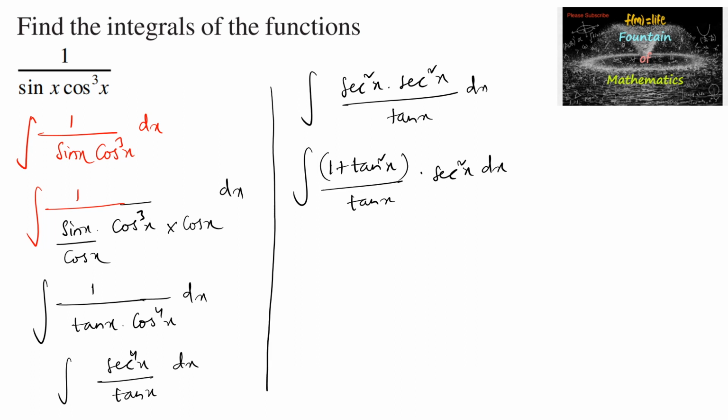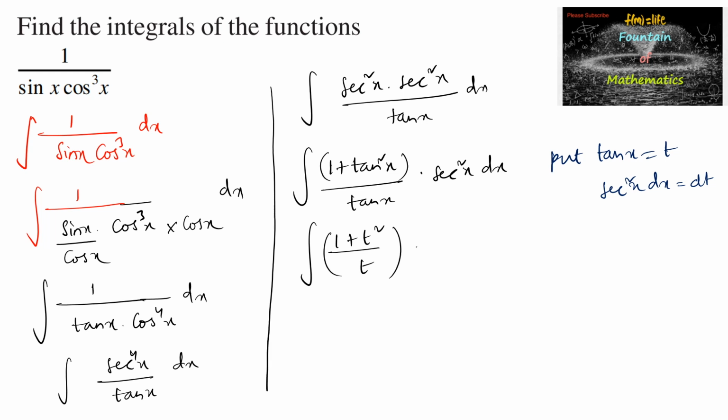And we know that the differentiation of tan is secant^2, so let us substitute tan x is equal to t. So on differentiating we have secant^2 x dx is equal to dt, so that we can write here the integral of 1 plus t^2 upon t dt, or we can write the integration of 1 upon t dt plus the integration of t^2 upon t, that is t dt.